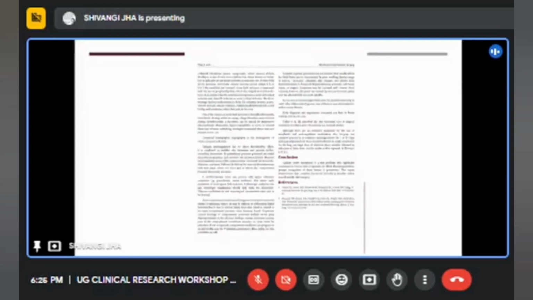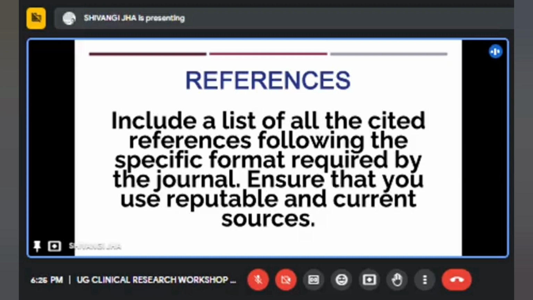Coming to references, include all the cited references following the specific format required by the journal. I'll tell you where you should add references. You're supposed to add references not in the introduction, not in the abstract, not even in the case presentation. Discussion is the only part where you are going to keep references.